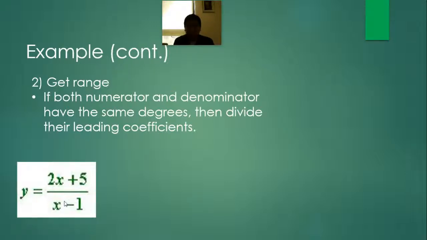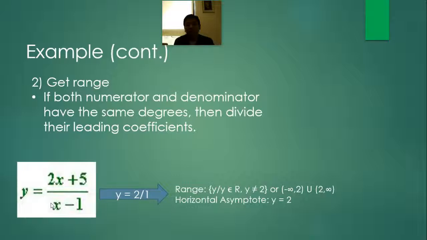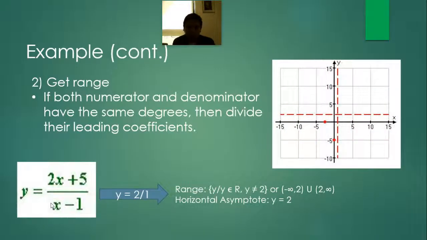Same degree for both numerator and denominator, so we can have 2 divided by 1. The quotient of the leading coefficients of the numerator and denominator gives us the horizontal asymptote when y equals 2. And that's going to be the restriction for the range. The range will be composed of all numbers except 2.